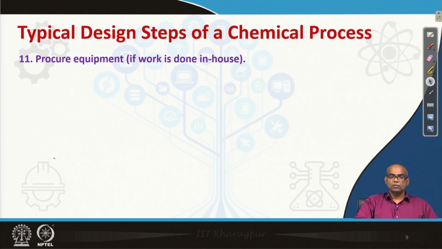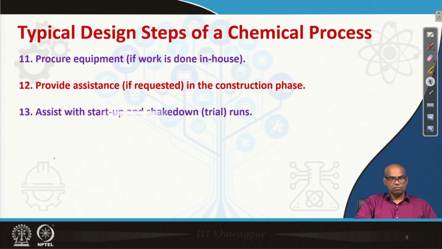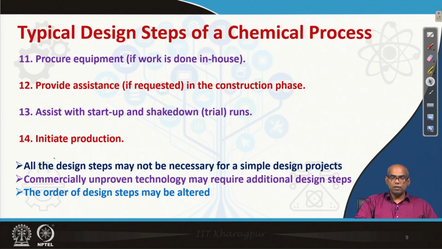Procure equipment if work is done in-house. Provide assistance if requested in the construction phase. Assist with startup and trial runs. Trial runs are also known as shakedown runs. Finally, initiate production. So, these are all typical design steps of a chemical process, but it is not necessary that all the design steps will be there for any design process, particularly for a simple design project.